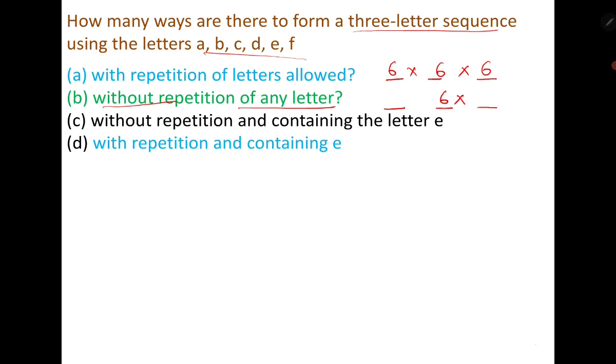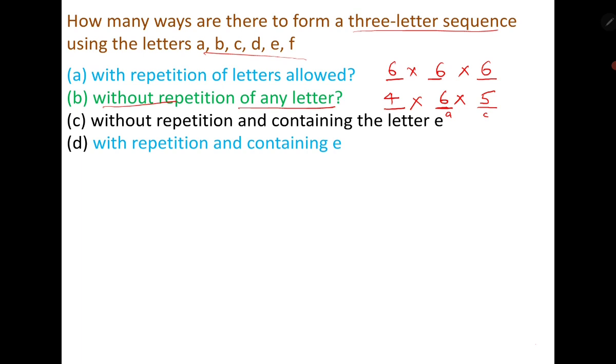But once you use a letter at this position, that same letter cannot be used again, so 5 letters remain available. And once you use, let's say, A here and C here, then A and C cannot be used for the last position, and therefore 4 letters are available.